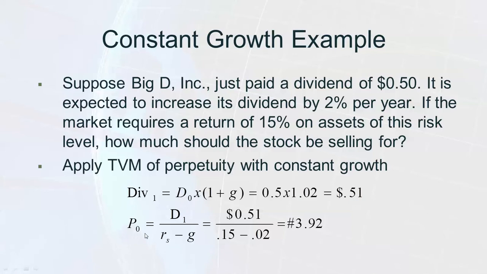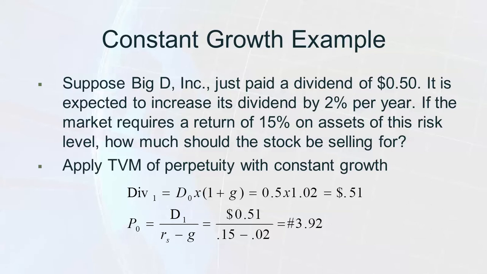Now price 0, the price right now, equals dividend 1, which we just computed, 51 cents, over R minus g, where R is 15% and g is 2%. If you do this math, you're going to have $3.92.